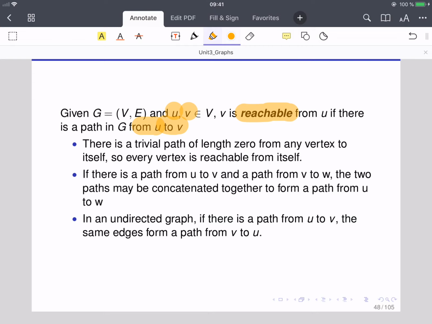So this is a very natural definition. Reachability in graphs reflects the idea of being able to get from a vertex to another vertex.